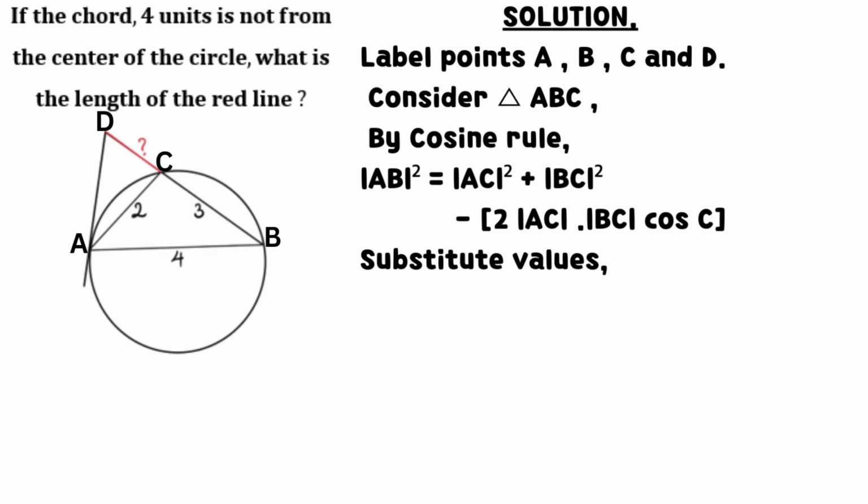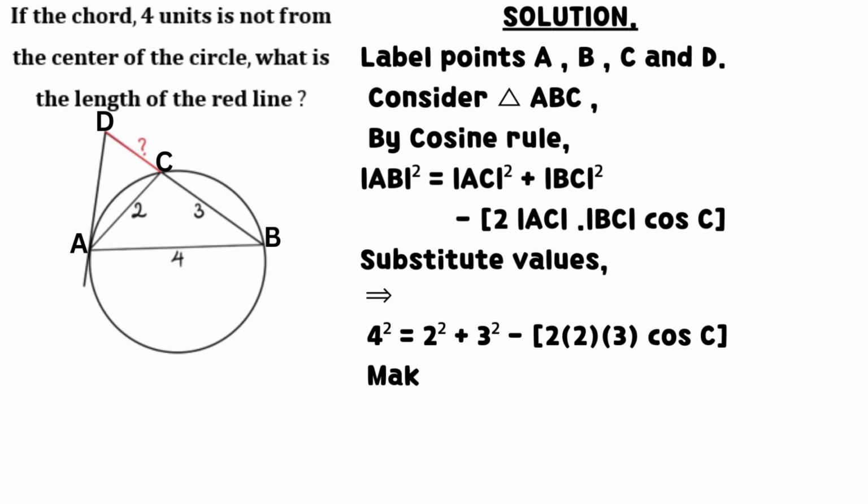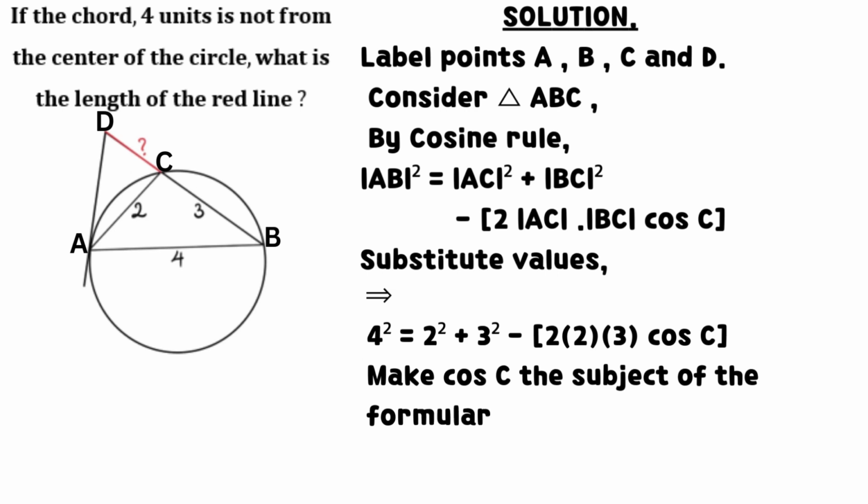We have that the square of 4 equals the sum of the square of 2 and the square of 3, minus 2 times the product of 2 and 3, times cosine C.